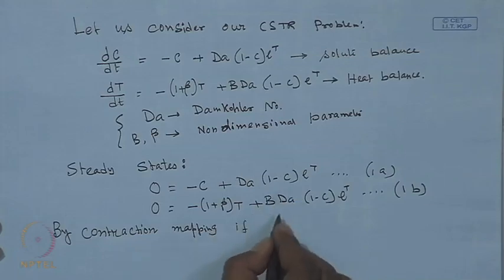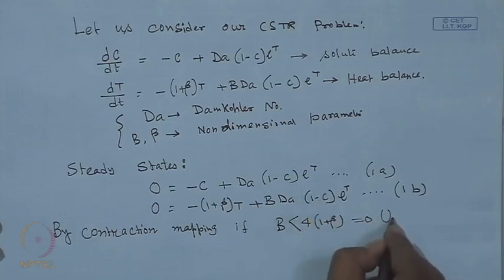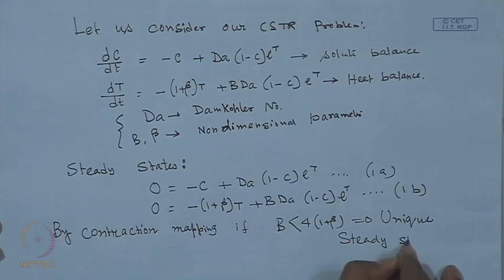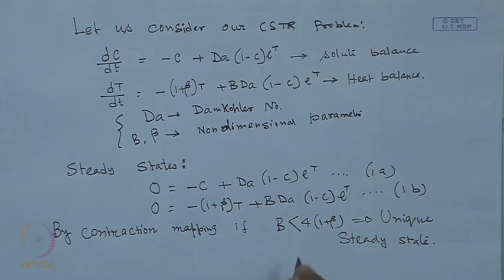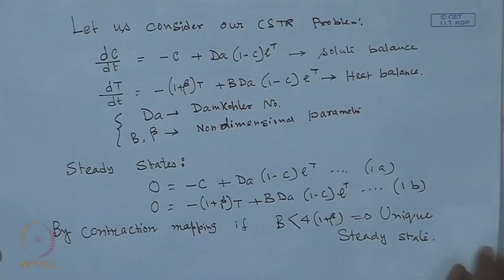We have already seen by contraction mapping that if B is less than 4 into (1 plus beta), then a unique steady state exists for this particular problem.